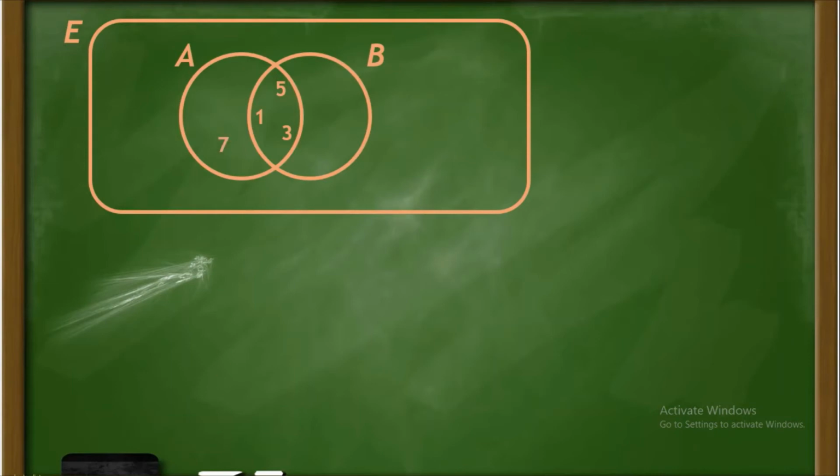Okay? So, ang numbers na nag-remain sa A, we have number 7 and number 9. And sa set B, we have number 2 and number 4.